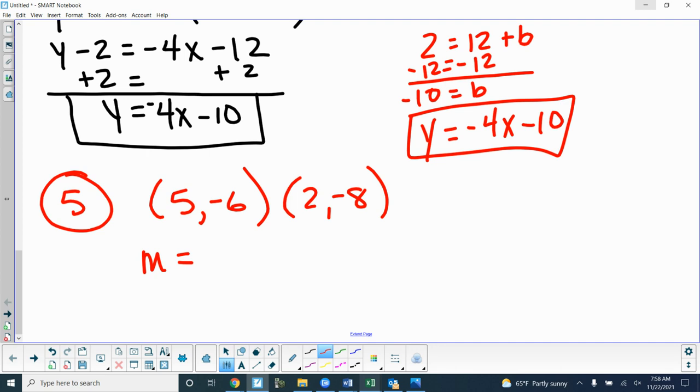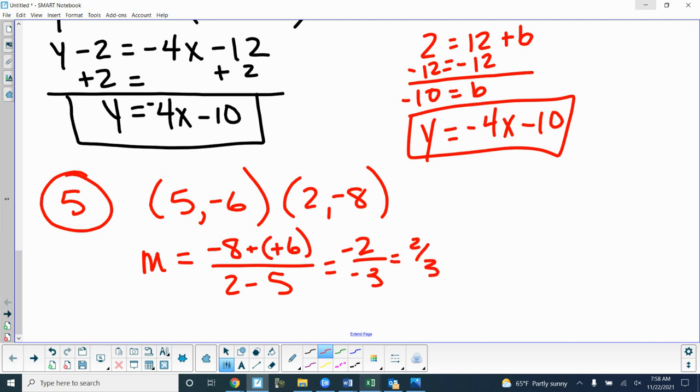So -8 y2 minus -6 y1 over 2 minus 5 x2 minus x1. Again, we have minus a negative, so remember that's addition. And that gives me -2 and a -3, so that's actually positive 2/3.